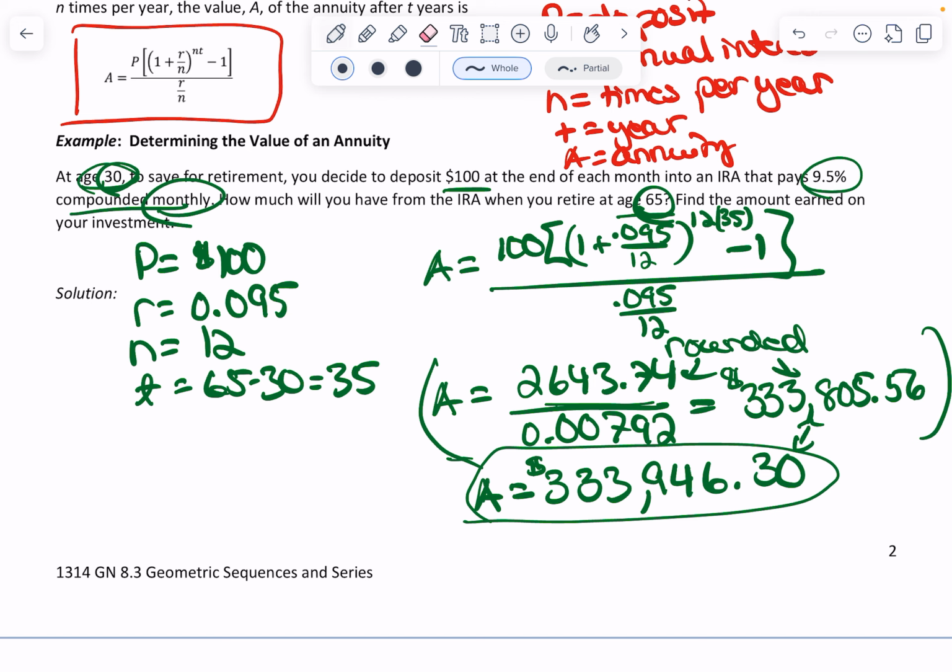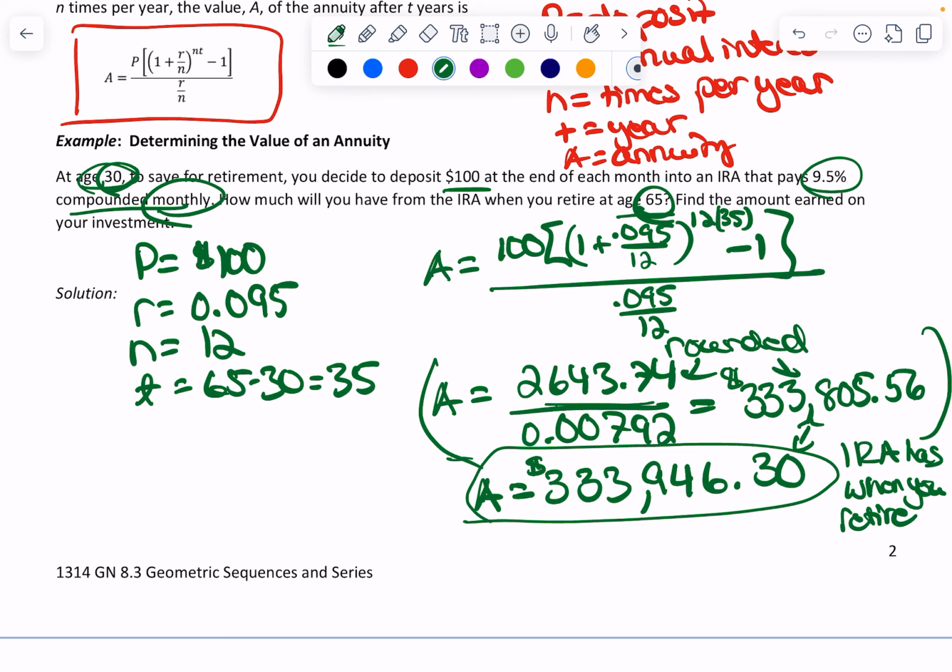So what we just calculated is what the IRA has when you retire. So that is the value.